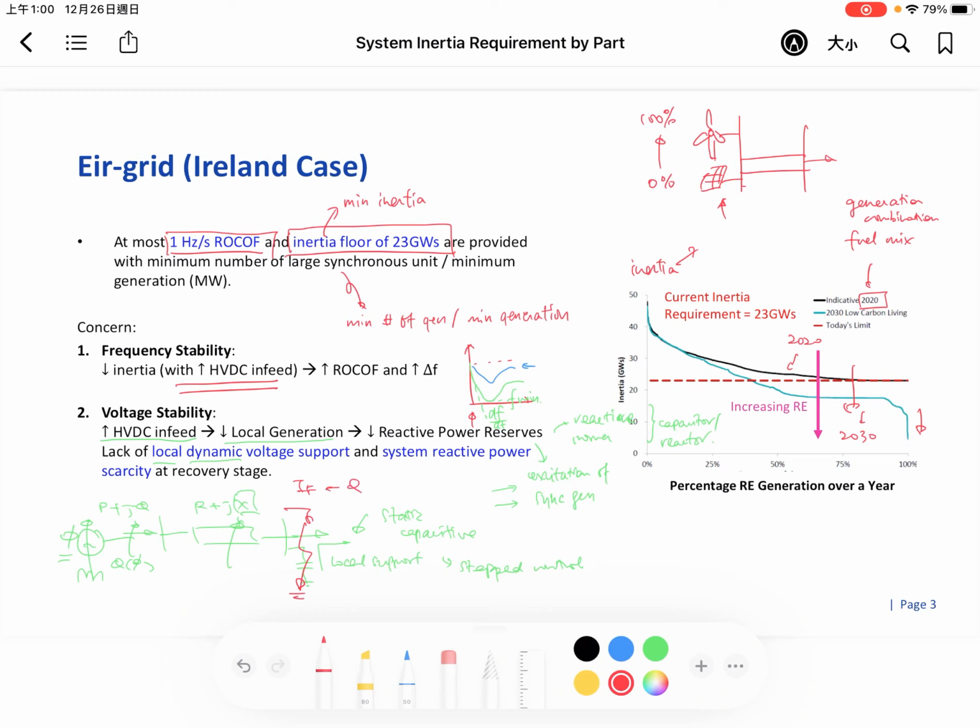And once the system is restored, the reactive power is used to build up the field and also for effective power transfer, like the charging current or transformer magnetization. That's why in the recovery stage we need to absorb so much reactive power, and there becomes a local scarcity.